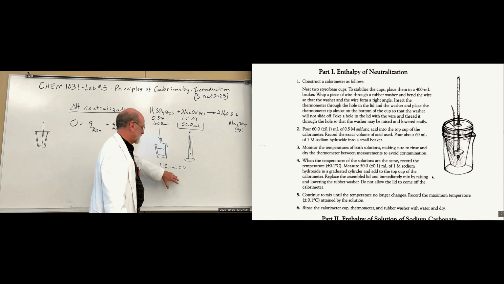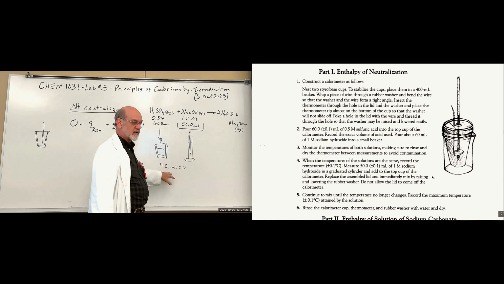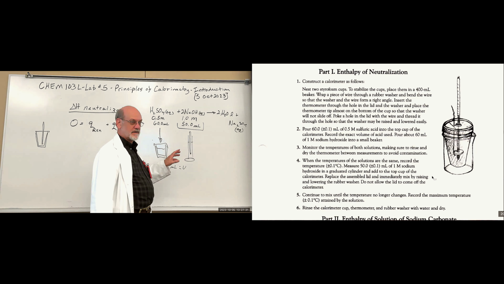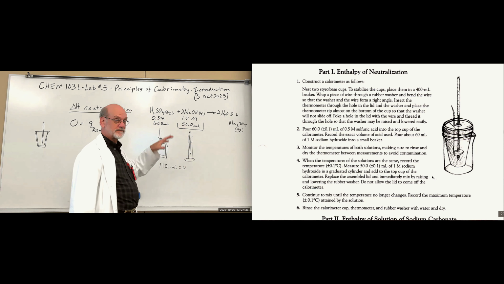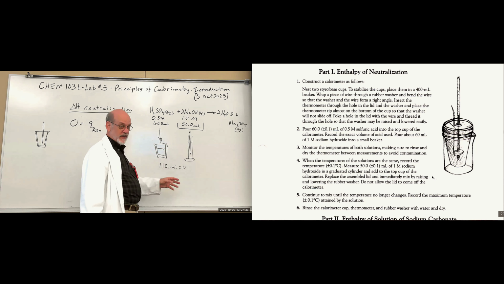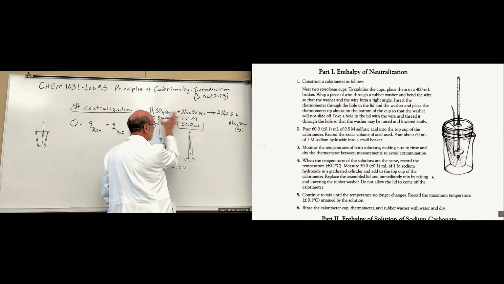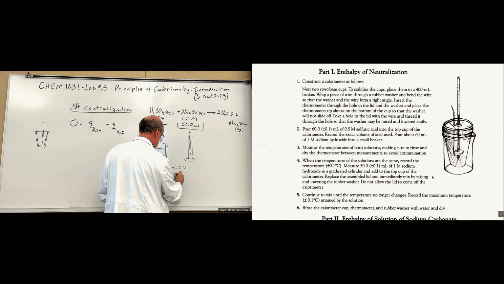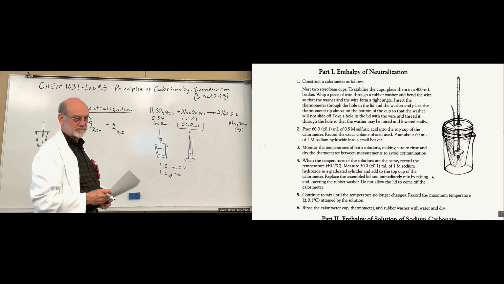We have to assume that when we add these together and the reaction occurs, 110 milliliters is the volume, and we don't get a change in volume due to the reaction. Now it's going to get hotter, right? So that's going to increase the volume. But based on what we've got here, this is also 110 grams. And that's not going to change. That's what we're counting on.